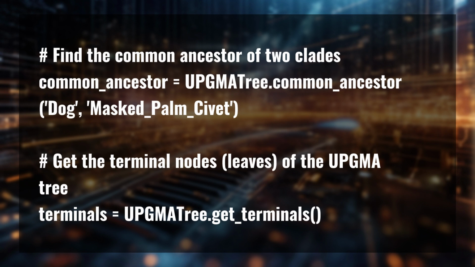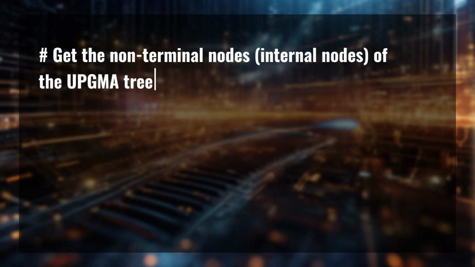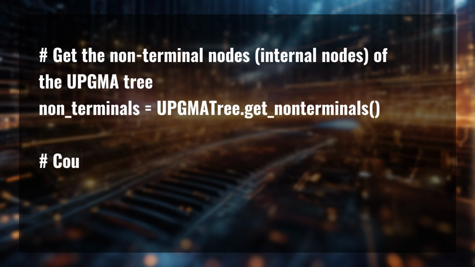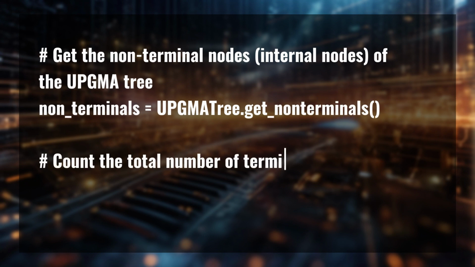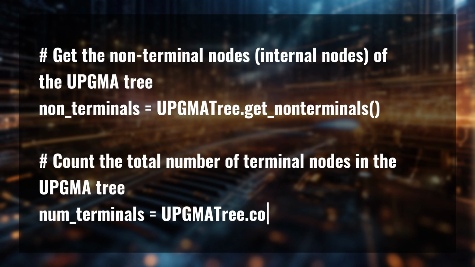After this, we'll get the non-terminal nodes. That means the internal nodes. We don't want to find the end node now. We want to find internal nodes of the UPGMA tree, so we define a variable non-terminals equals to UPGMA tree dot get underscore non-terminals.